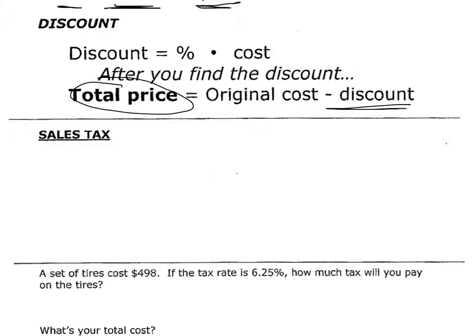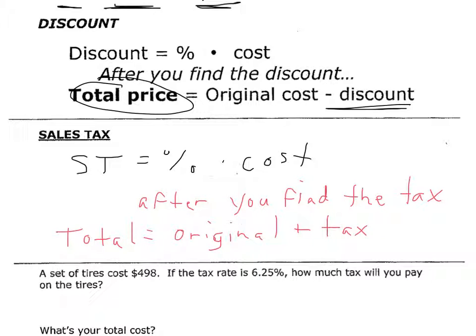Okay, but sales tax is a little bit different. Go ahead and write this down. Your sales tax formula is almost the same as discounts. Actually, it is the same. Sales tax is going to equal your percent times your cost, just like discount. But this time, after you find the tax, you're going to add it in.